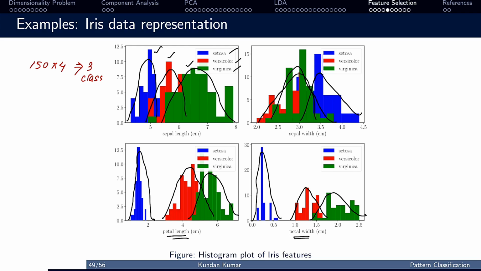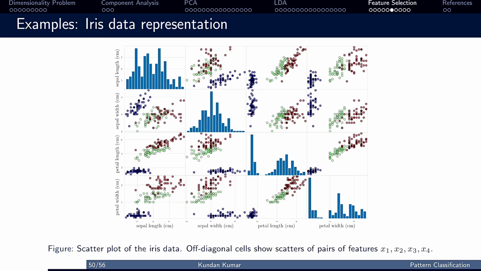Visually, we can say that the feature components petal length and petal width are good feature components compared to the other 2 components, because these 2 features show better separability for different classes.